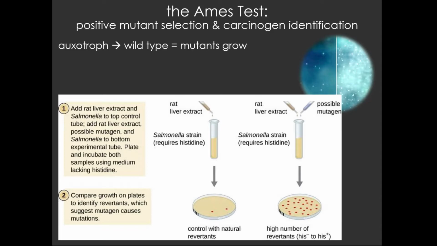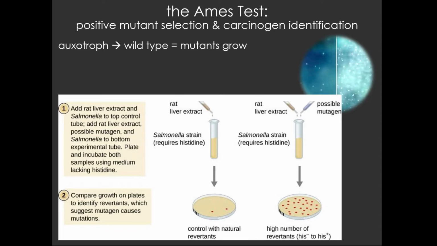Because the liver, in doing its job of detoxifying the blood, will take in chemicals and change them sometimes, we want to know what the chemical looks like after the liver has seen it. So the easiest way to do that is add some rat liver extract, and the rat liver extract will grab that suspected mutagen or carcinogen and convert it to whatever would be present in the body.